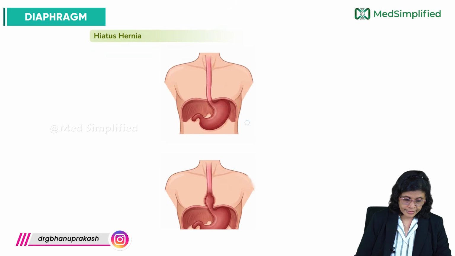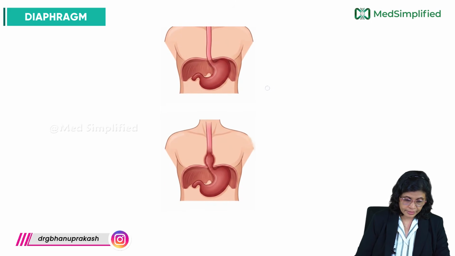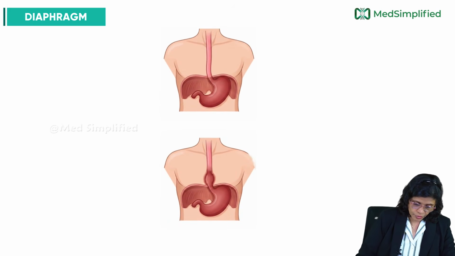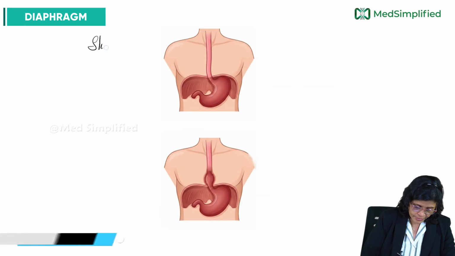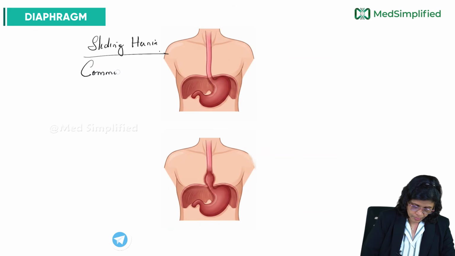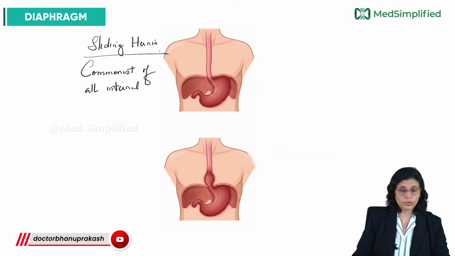Next is hiatus hernia. Of all the internal hernias, this hiatus hernia, which is also called the sliding hernia, is the commonest of all internal hernias, internal hernias which involve all the other organs also.